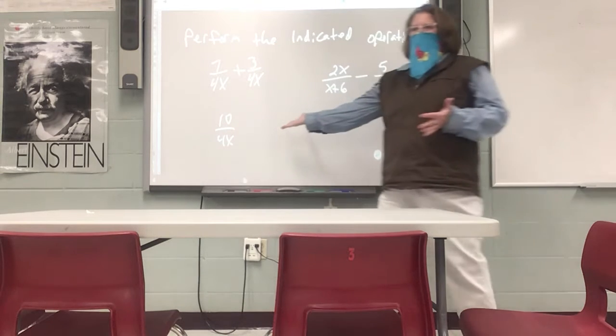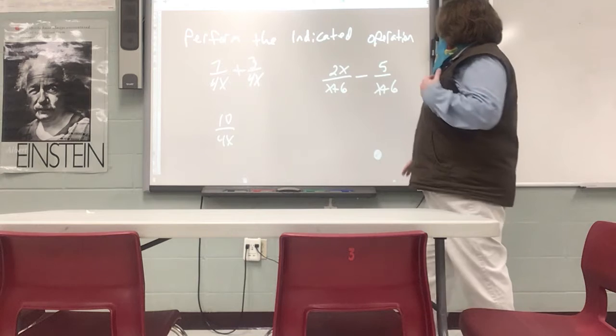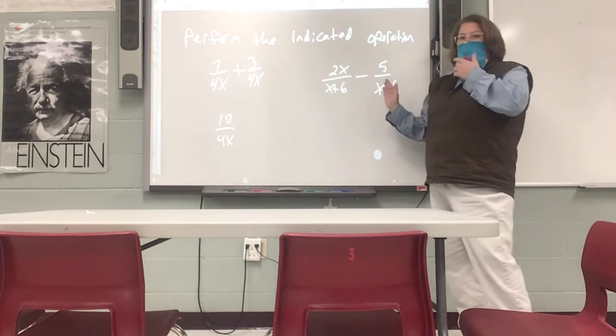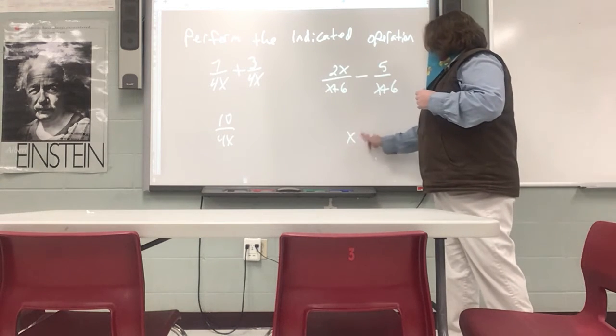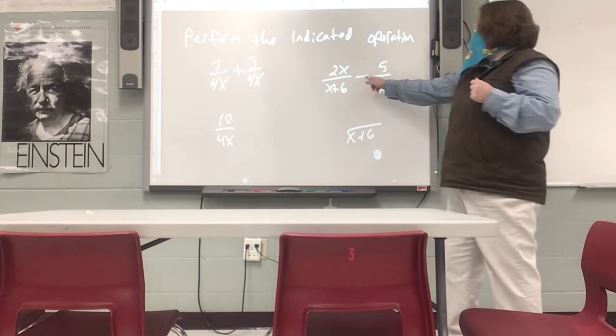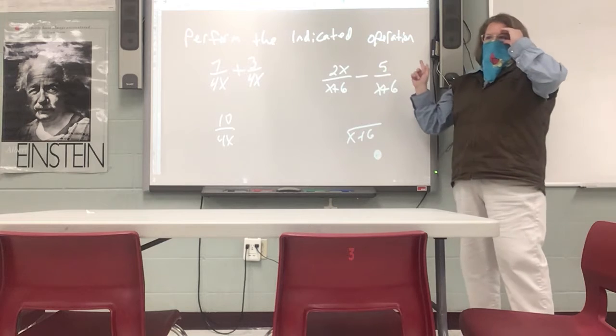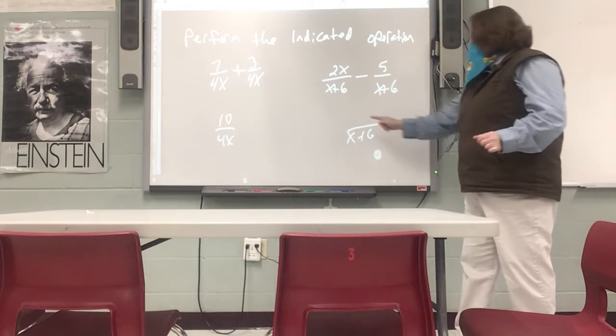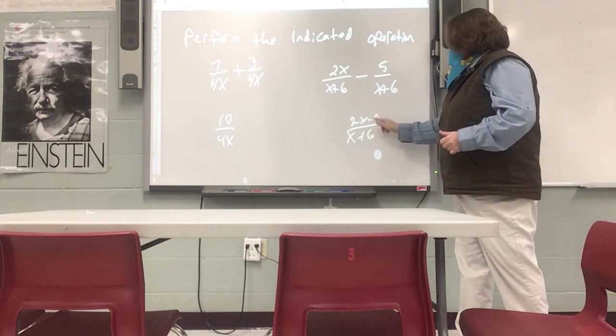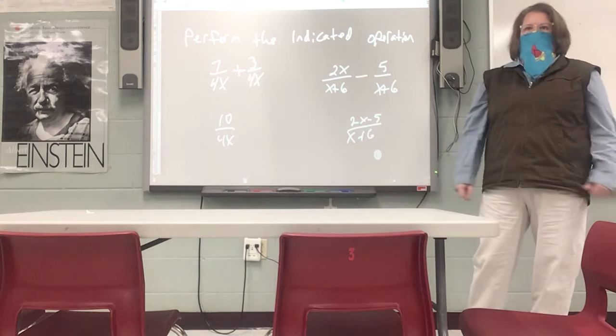Pretty straightforward, right? Over here, common denominator, check. You keep that denominator, and then you just do what the sign says to the things on top. Now you can't really combine that. What's 2x minus 5? It's just 2x minus 5, so you just stop like that.